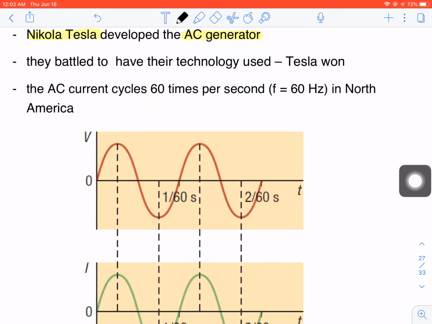We talked about this when we did the ticker tape lab way back in the first week of the semester, and we said because the electricity changes direction 60 times per second, it goes through a full cycle 60 times per second. When it gets to the end of the cycle, before it can go back in the opposite direction, it's got to stop and then change direction. Because of that, the magnet in the ticker tape timer would go off, and it would reactivate the electromagnet every time the current was reactivated.